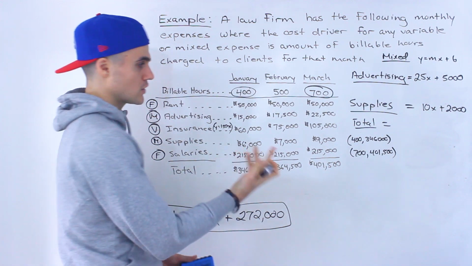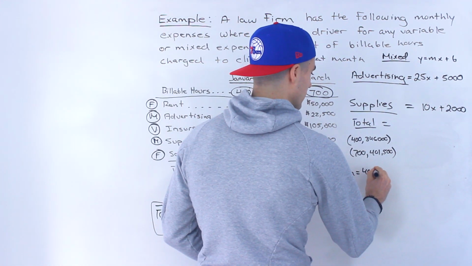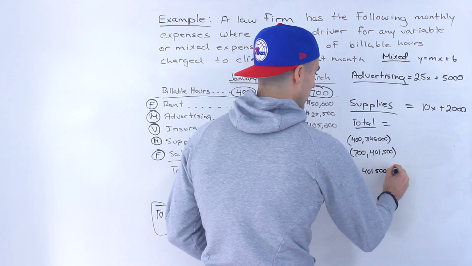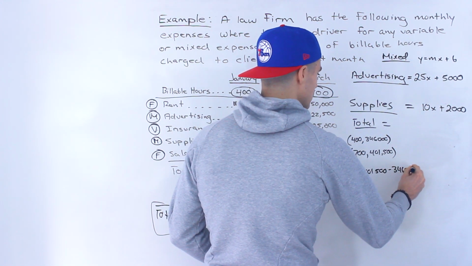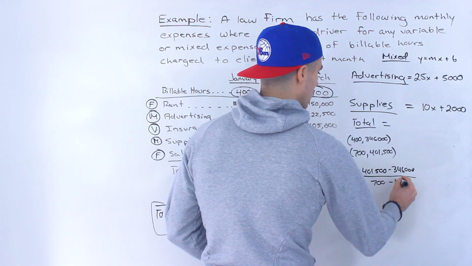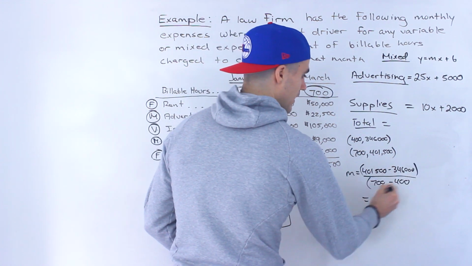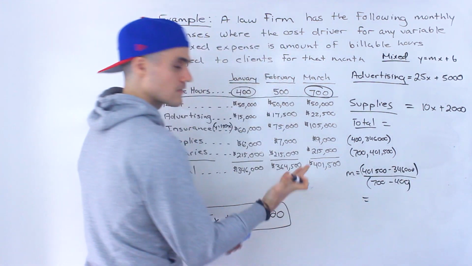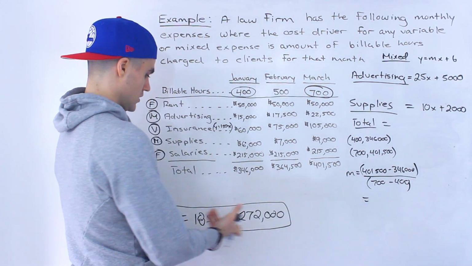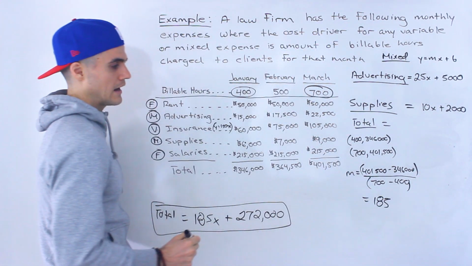And then we just have to find the equation of the line that goes through these coordinates. So we'll have m equals 401,500 minus 346,000 divided by 700 minus 400. And when you do this, be careful with your brackets, do the brackets first, then divide those two numbers. You'd end up indeed getting 185.